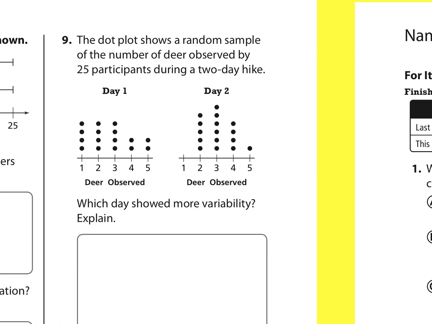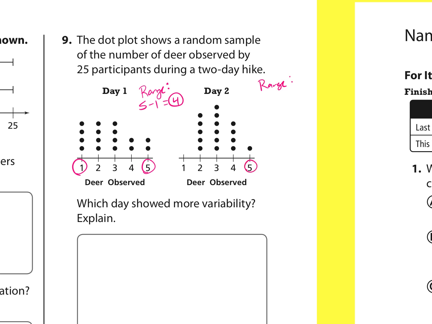Number 9, the dot plot shows a random sample of the number of deer observed by 25 participants during a 2-day hike. Which day showed more variability? Well, looking at day 1, the range was the highest, 5, minus the lowest, 1, so 5 minus 1 is 4. Looking at day 2, we could find the range.